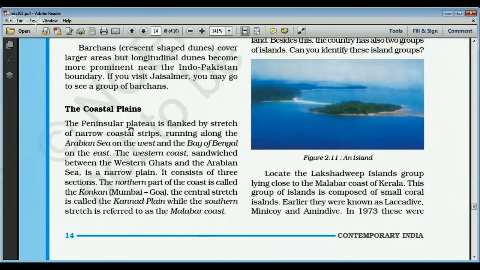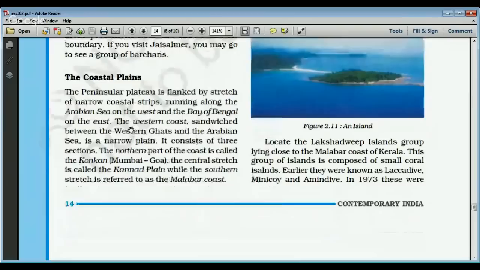The peninsular plateau is flanked by a stretch of narrow coastal strips running along the Arabian Sea on the west, known as the western coast, and on the east, known as the eastern coast. The western coast is sandwiched between the Western Ghats and the Arabian Sea. It is very narrow, and it consists of three sections.